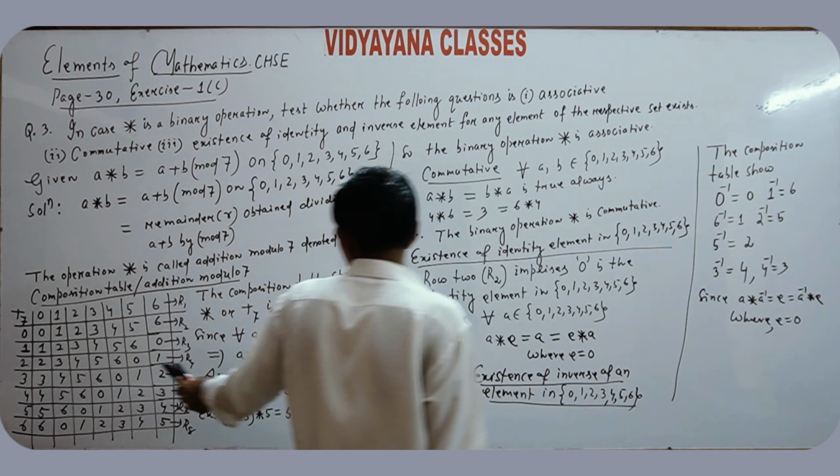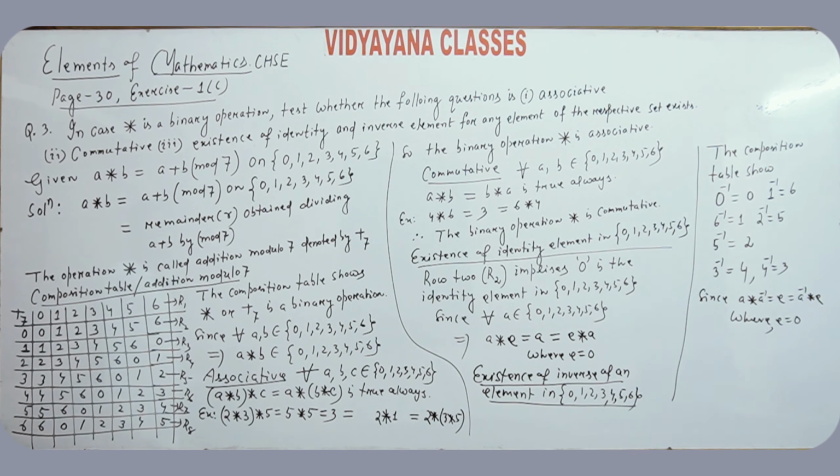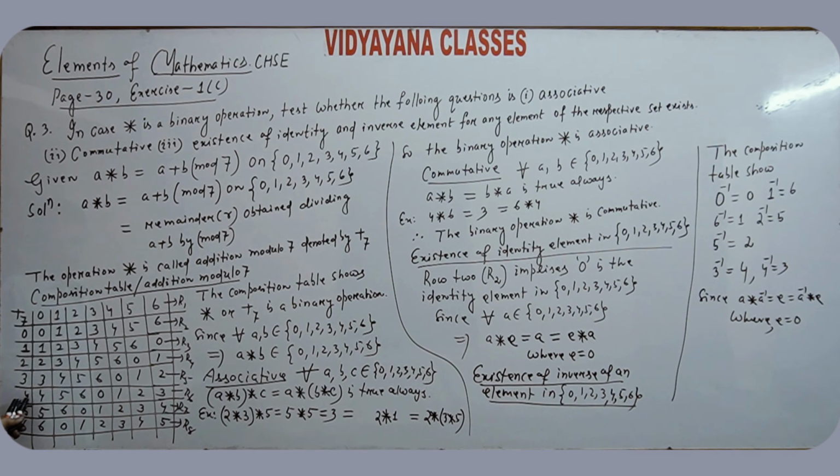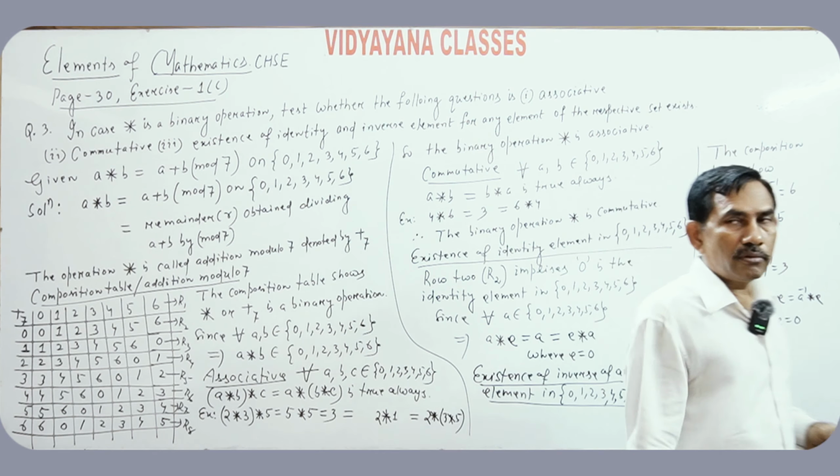So the composition table shows the inverse of 3 is equal to 4 and the inverse of 4 is also 3. Since 4 plus 3 is equal to 7, 7 divides 7 gives the remainder 0.